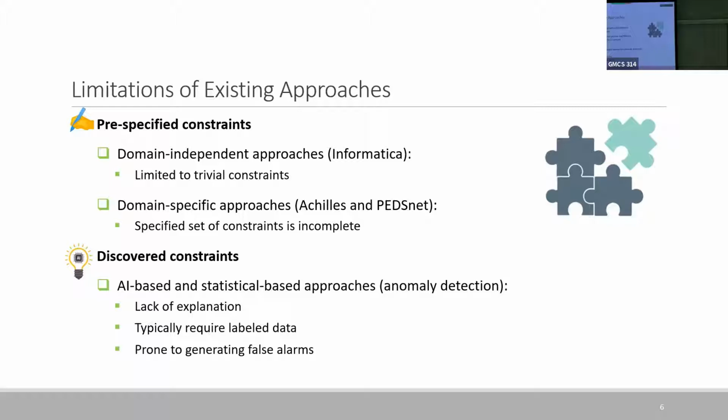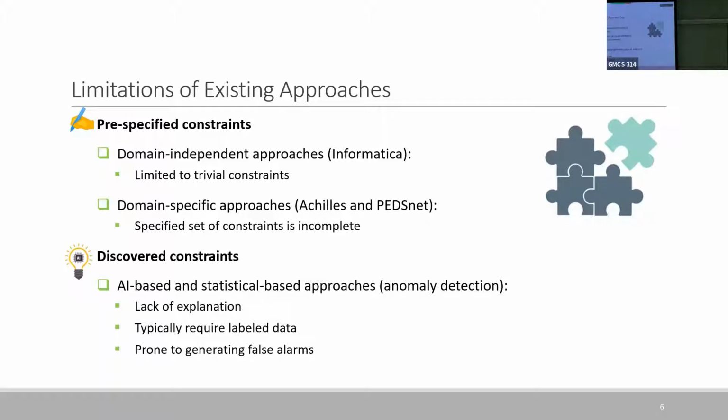The other category are based on discovered constraints. These are AI-based approaches, and these approaches automatically discover those rules using the data. There are some limitations with those approaches. These are typically called anomaly detection approaches. First of all, they just report the existence of anomalous data in a data set. They don't explain the reason behind invalidity of those data points.